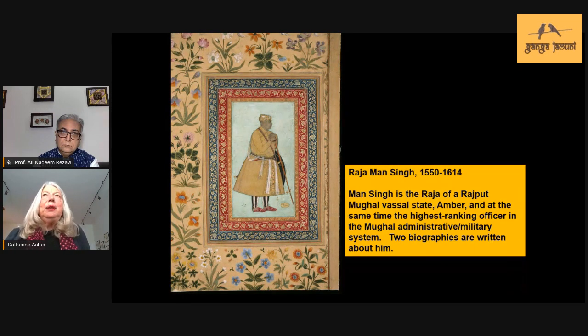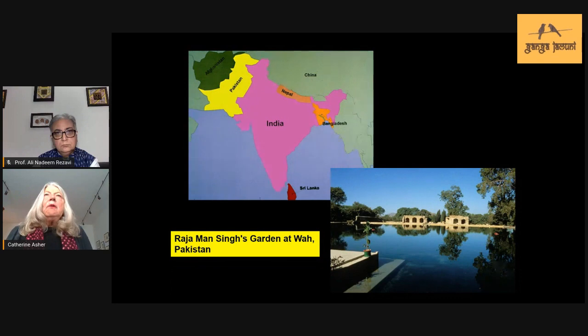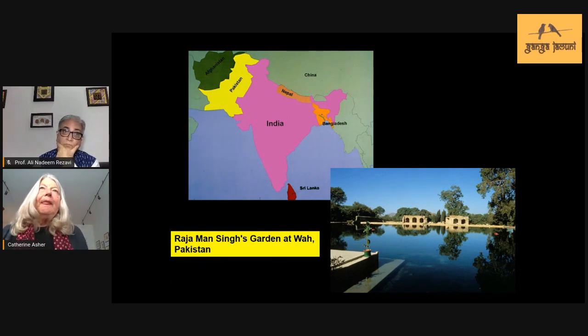But at the same time, he becomes the highest ranking officer in the Mughal administrative system, other than the imperial princes. And we have at least two biographies that are written about Raja Man Singh. Raja Man Singh's patronage, which is basically architectural, is quite extraordinary. It ranges from what's today Pakistan into what is today Bengal.